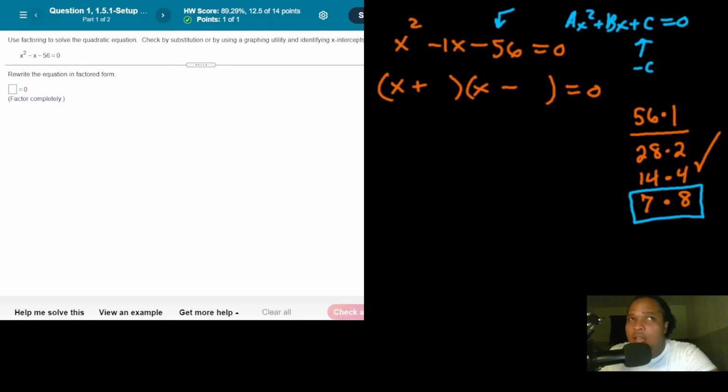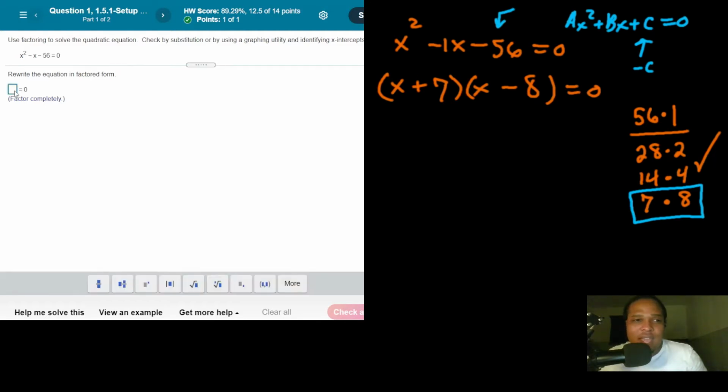Have you ever heard the expression, the bigger number takes the sign? Of course you have. So the bigger factor is going to be 8, and the smaller factor is 7. So everything is nice and factored up, and we're ready to put this as our answer.